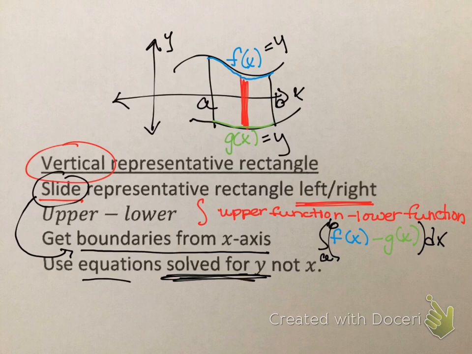So this summarizes the first half of part 1 of 2 videos for area between two curves. Again, never, ever, ever again do you need to use absolute value to help you find an area.